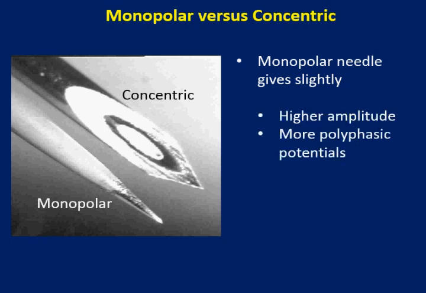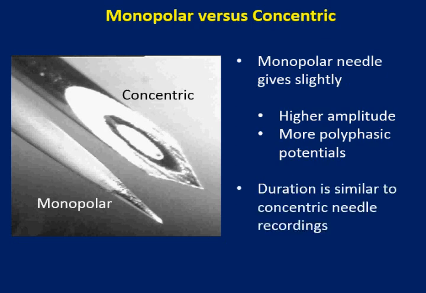The incidence of polyphasic motor-unit potentials is also slightly higher with monopolar needle EMG. In our experience, the motor-unit potential duration is similar for concentric and monopolar needles. However, some investigators have reported slightly longer duration in monopolar needle EMG.